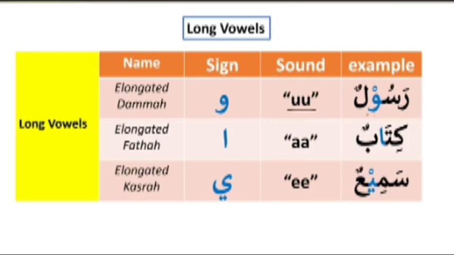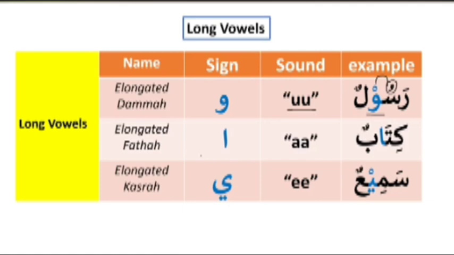We can see that it is prolonged for almost 2 seconds. The first one was rusulun, for 1 second, and now the oo sound is prolonged for 2 seconds. Normally a wow has dhamma before it, so it becomes long dhamma, rasulun.